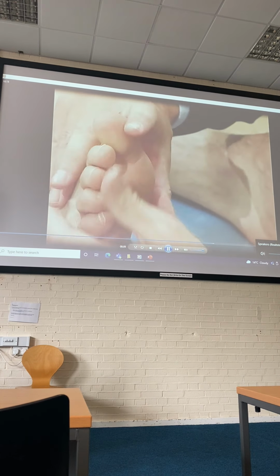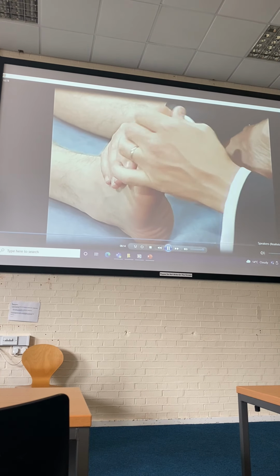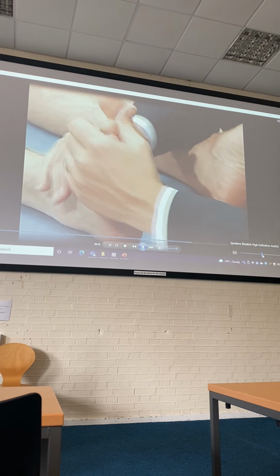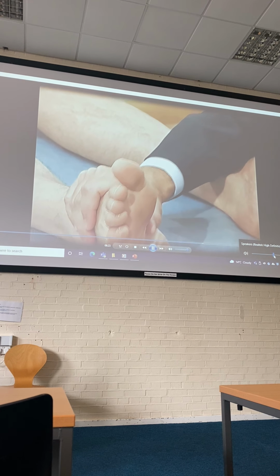Moving on to assessment of the first metatarsophalangeal joint, we've already discussed the range of movement, restriction of which would be associated with hallux rigidus. The other common source of symptoms underneath the first metatarsophalangeal joints relates to the sesamoids.